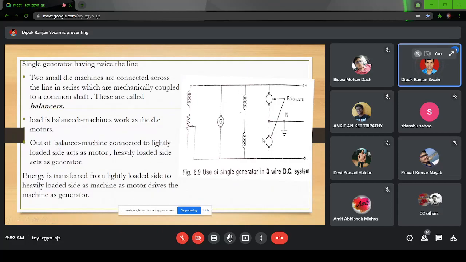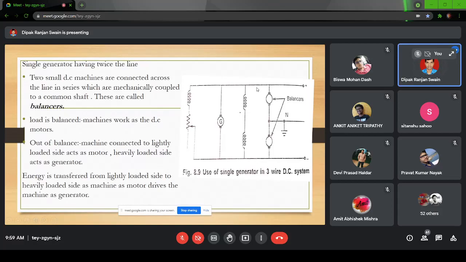Whereas on the lightly loaded side, this particular machine will behave as if it is a motor. So if it is acting as a motor, the load on that lightly loaded side will slightly increase. Okay. So if it increases, the current demand will increase. So the balancer, what it does, in the heavily loaded side becomes a generating action, so the current tries to decrease. On the lightly loaded side, it becomes a motoring action, so the current demand increases.